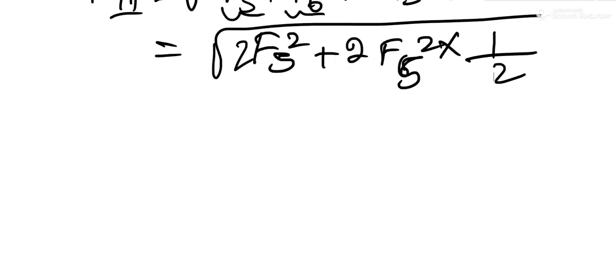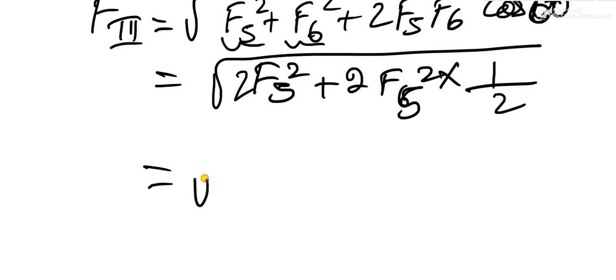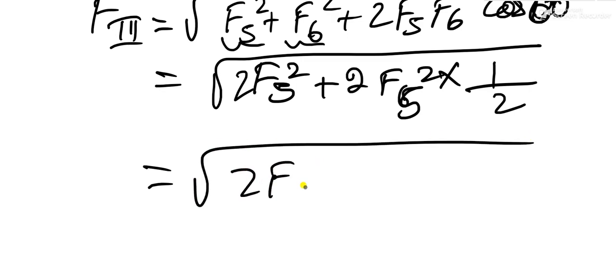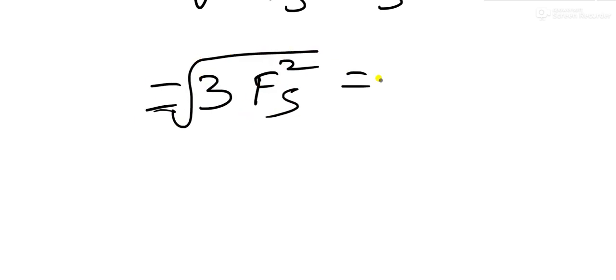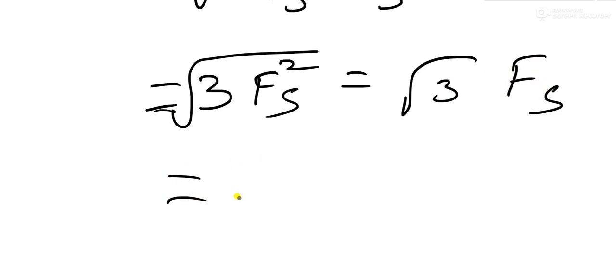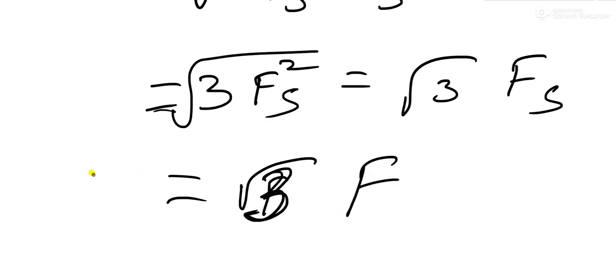Now, the solution for this is equal to root of F5 square whole square plus, the 2 gets cancelled, F5 square. It is going to be 3 times F5 square, so the square root gives root 3 F5. So, already I said F5 is equal to F, which is going to be root 3 into F, equal to F number 3.